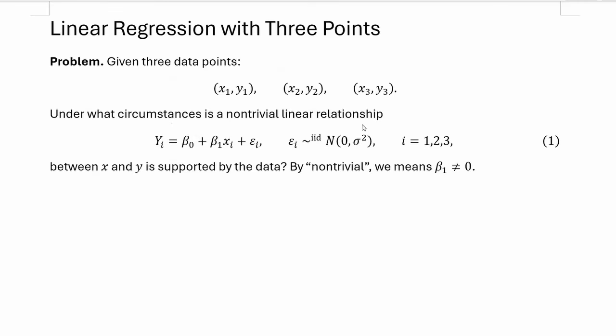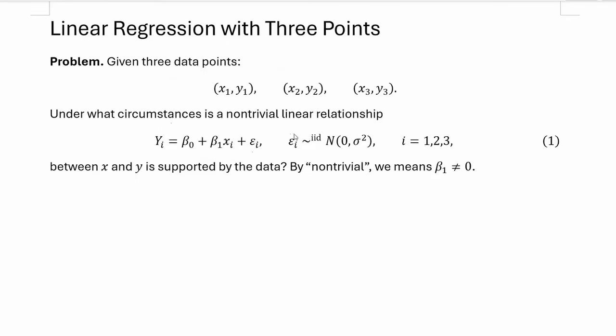The linear relationship reads yi equals beta 0 plus beta 1 times xi plus epsilon i. So that is to say yi has a deterministic component, beta 0 plus beta 1 xi, plus a random noise.